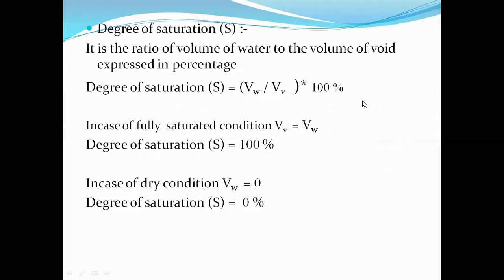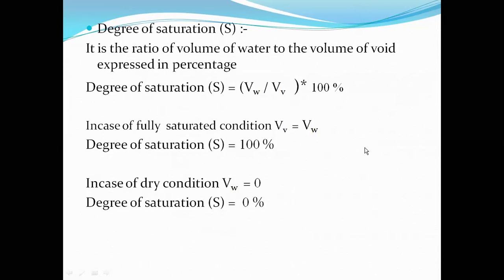If it doesn't contain any water, we'll say it is dry. The same way here, the degree of saturation is the ratio of volume of water to the volume of void expressed in percentage. So the degree of saturation S is equal to volume of water by volume of void multiplied by 100.